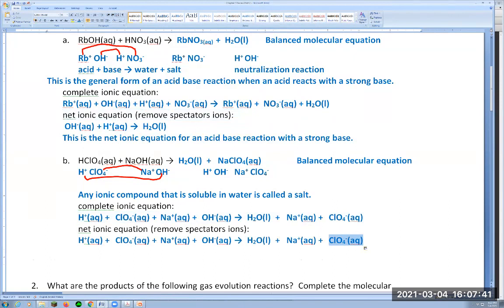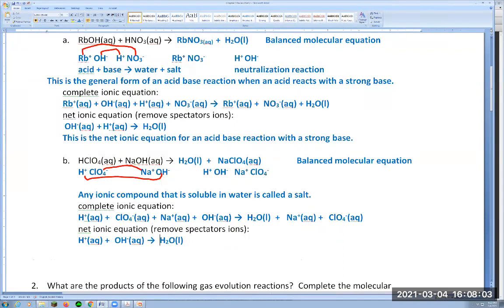So here we have the perchlorate, and it's the same as here, the perchlorate ion. So we can remove that. And then we have the sodium ion, and it's the same here, the sodium ion. And once you have removed that, you can see that now it's different.